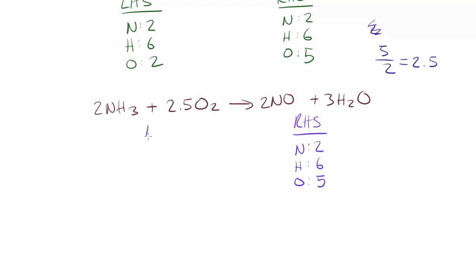If you look at the left hand side, let me just put the values on NH₃O. So here you've got 2 times N, so that's going to be 2. H, so 2 times H is going to be 6. But here with the 2.5 O₂, you've effectively got, if we were to write this as a fraction, 5/2, which is what 2.5 is, times 2, right?